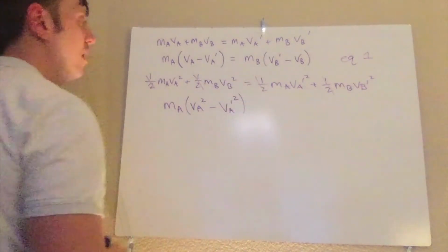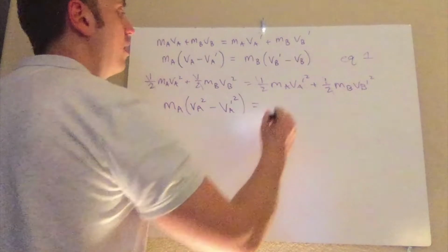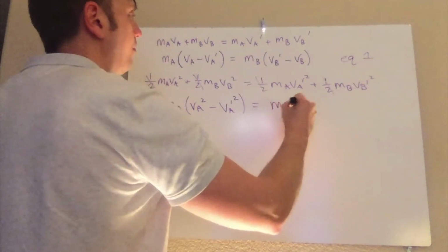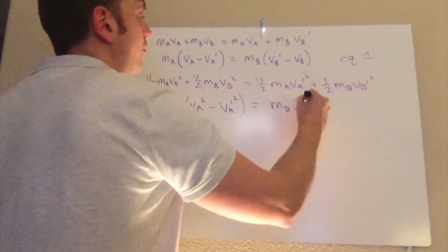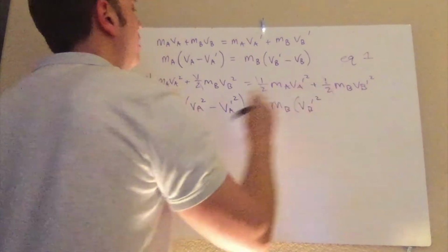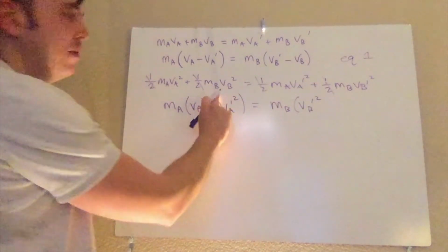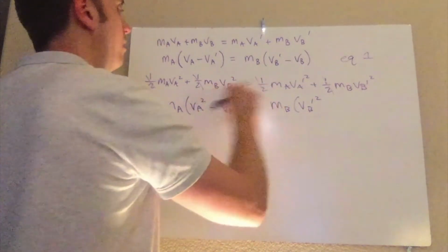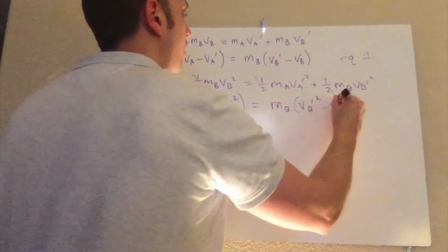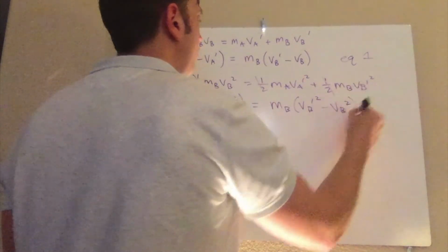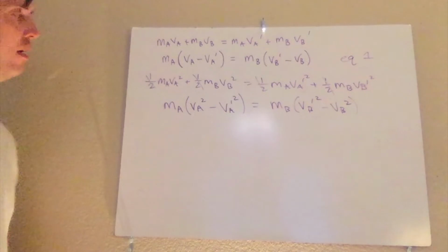That's the left side, because on the right side we have MB times VB prime squared, but we subtract from both sides MB times VB squared to move it over here on the right. So we have minus VB squared like this.